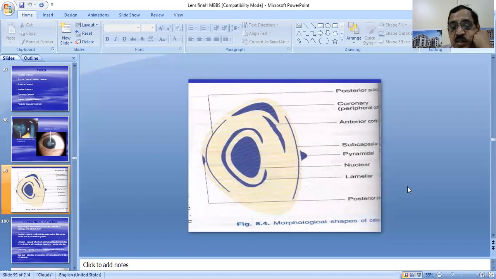So this is again the diagrammatic representation of morphological shapes of cataracts: posterior subcapsular, coronary, peripheral, and anterior subcapsular, pyramidal, nuclear, lamellar, okay, posterior polar cataract.